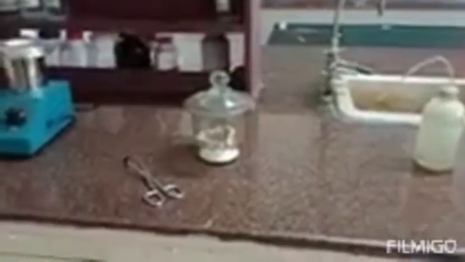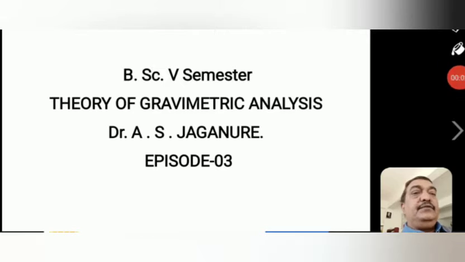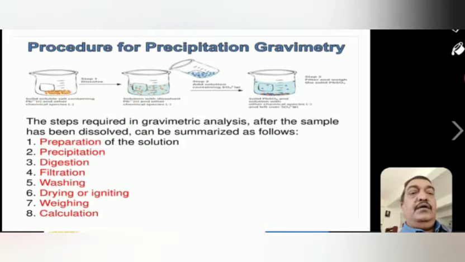Hello students, this is the third episode for gravimetric analysis. As already I have discussed with you regarding the precipitation (PPT) formation in gravimetric analysis, you can see some solution to which, if you add a precipitating agent, there is a formation of a PPT, and that PPT is going to form in different conditions.